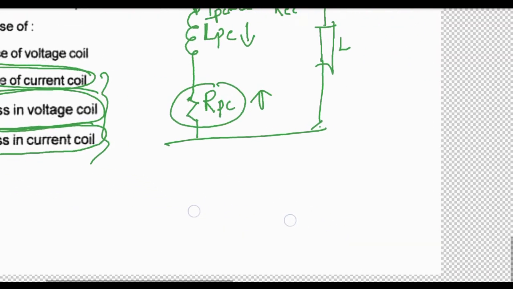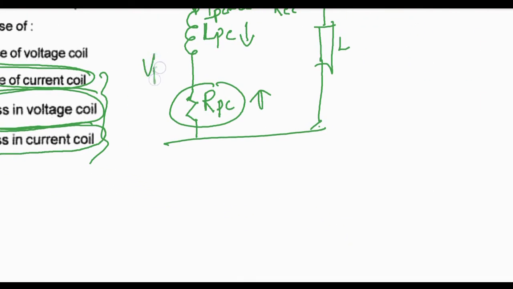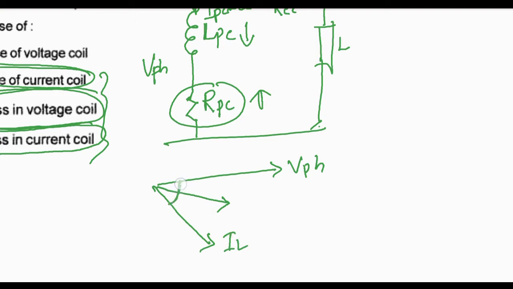Suppose the voltage applied here is VPH, and the load current IL makes angle phi, then IPC will make angle beta. Due to this, the power consumption and the power reading by the wattmeter will differ.